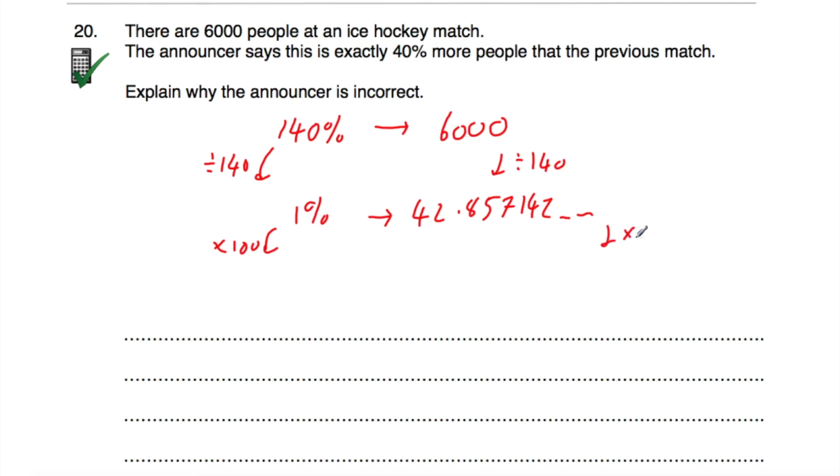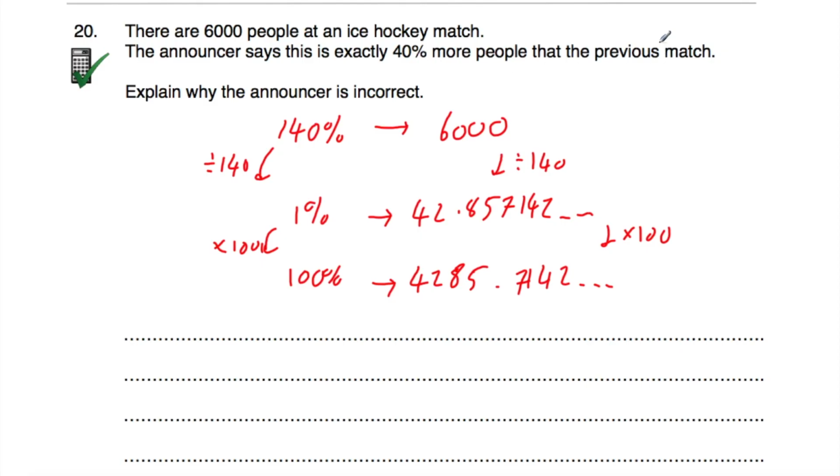I think I know the issue here already, because if we times this by 100, we're not going to get an exact number of people. 1 times 100 is 100%, and 42.857 times 100 is equal to 4,285.7142, and so on.